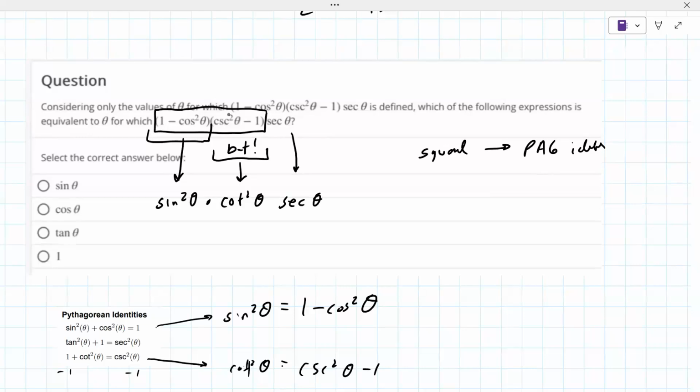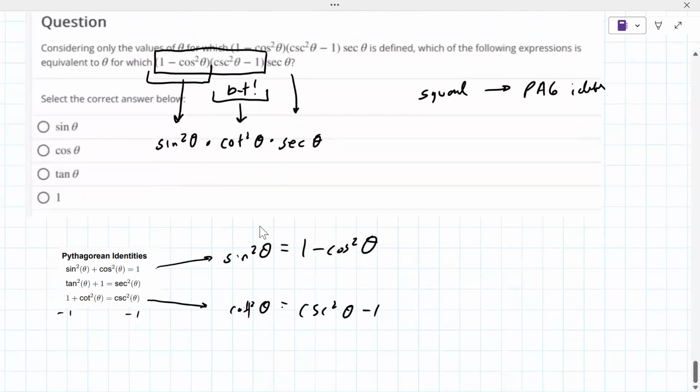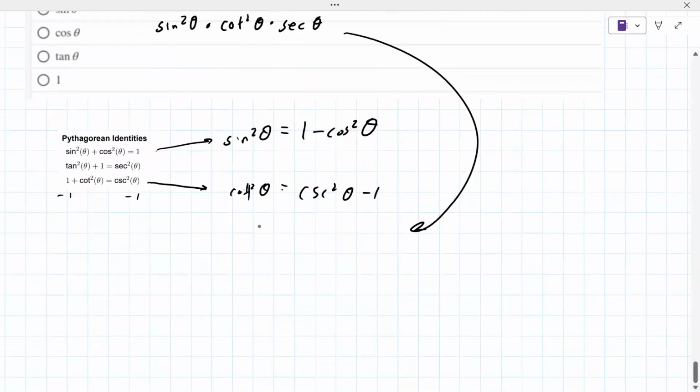Okay, and that's just times secant theta? Yes. Okay, are you caught up to there? Mm-hmm. Okay, I'm just gonna come down a little bit further because we're running out of room here. So you break apart here: sine squared theta, and then cotangent is cosine squared theta over sine squared theta.